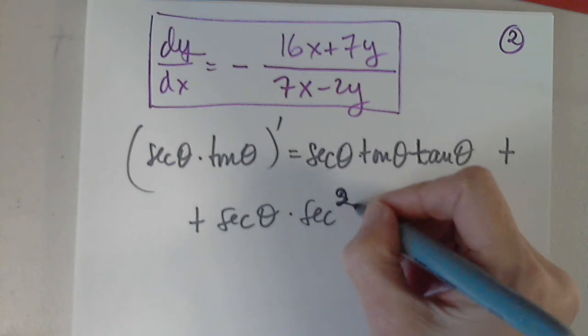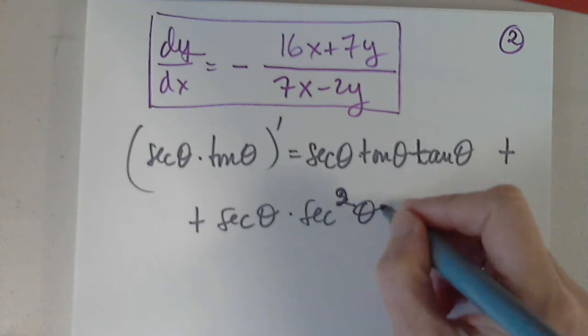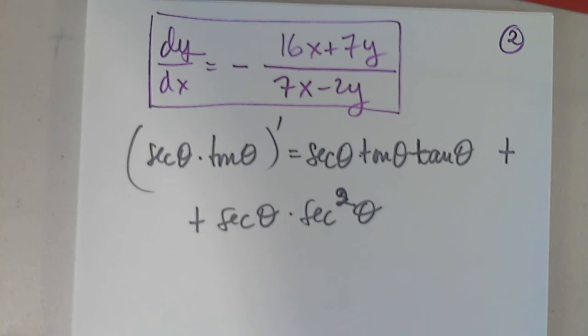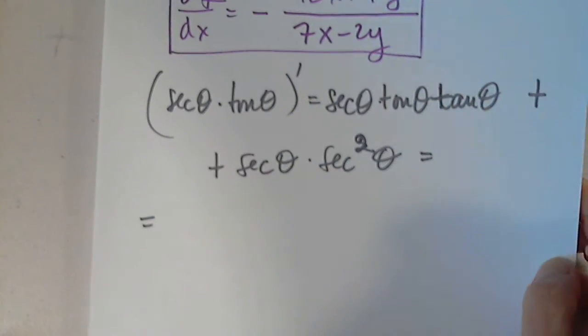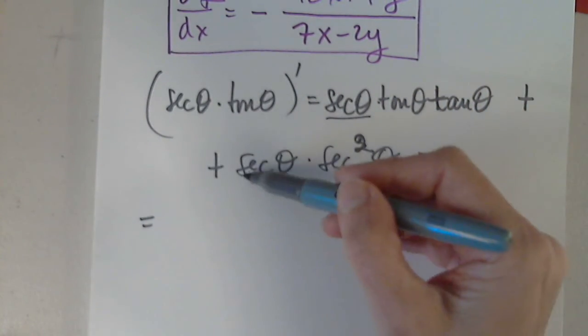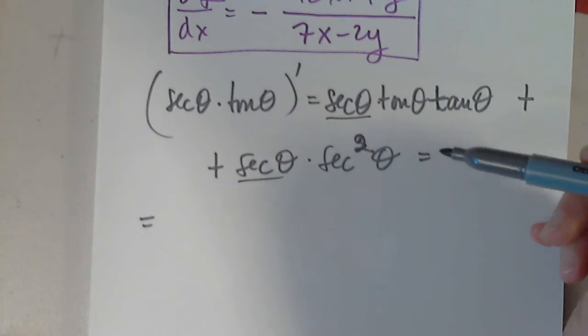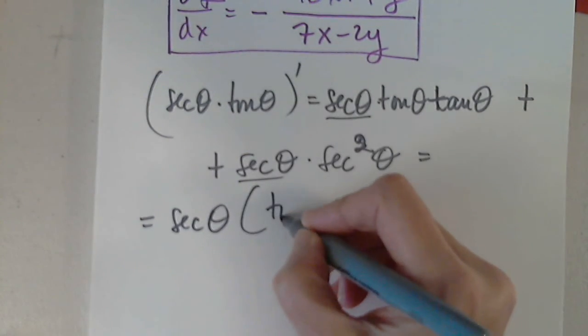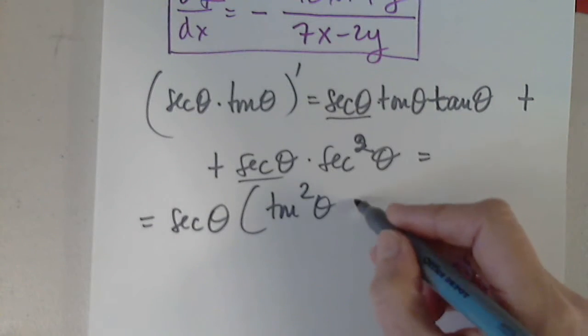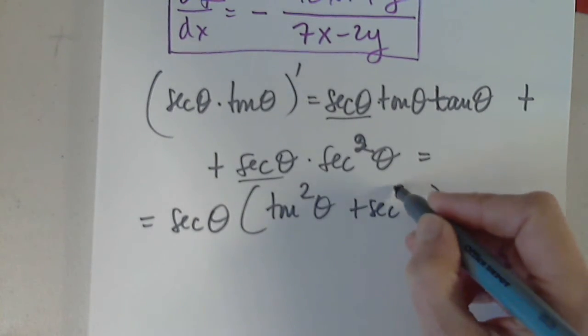So tangent prime is secant squared. So what I would do next is factor out, because I see these two terms have a common factor of secant theta. And then I have tangent squared plus secant squared theta.